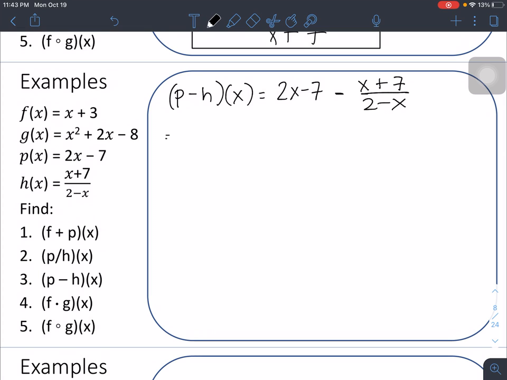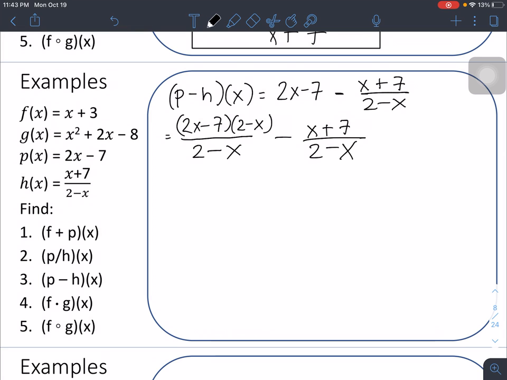So we would like to find their LCD in order to proceed to the subtraction operation, which happens to be 2 minus x. So this will be 2x minus 7 multiplied by 2 minus x, minus x plus 7, over 2 minus x.